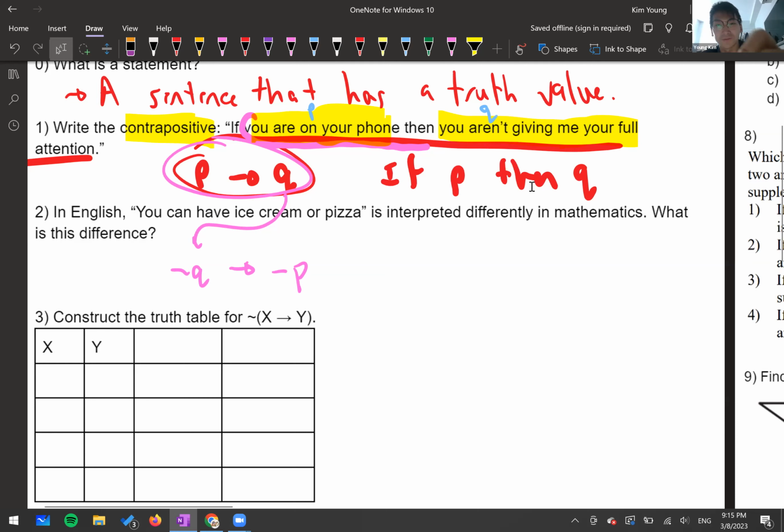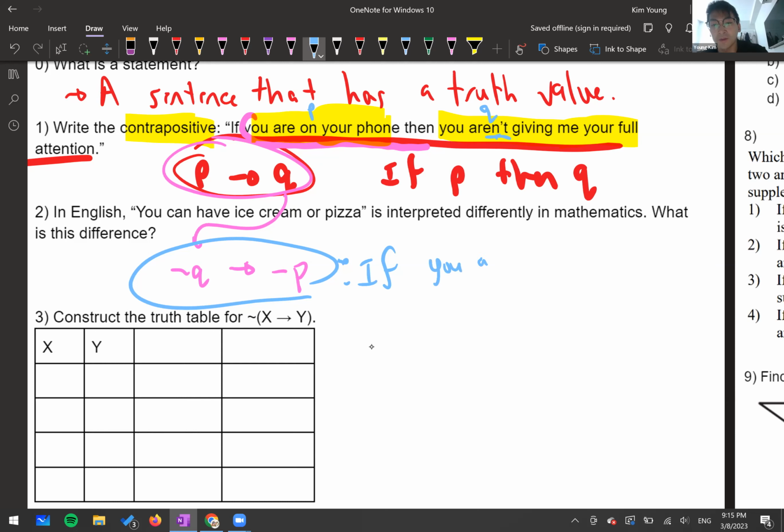It's like saying two nots, there's a not in here and there's a not. So this, like I said, is the contrapositive. It's going to be: if you are giving me your full attention, then you are not on your phone.